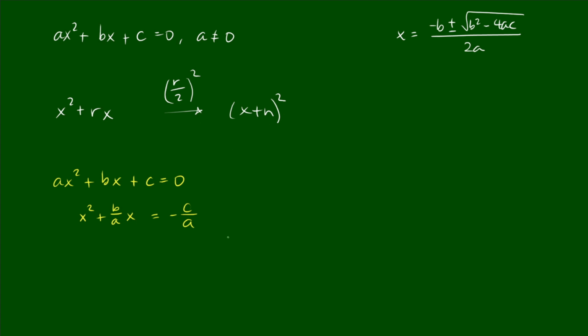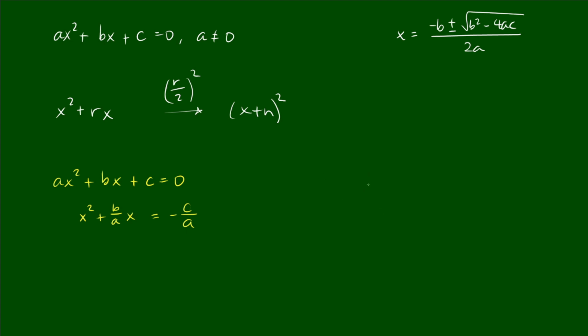To write the left side as a perfect square, you use what was mentioned previously. You have r right here. That is going to equal b over a in this case. So you add r over 2 squared, and in this case it's b over a over 2 squared to both sides. What's that going to look like?